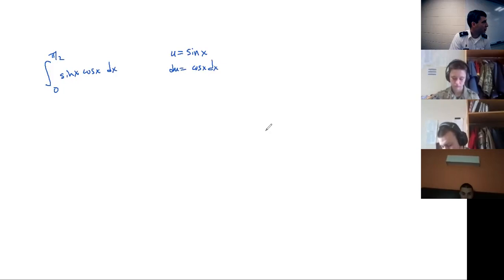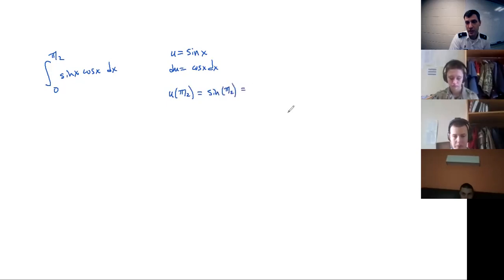I'm going to evaluate this function here at each of my bounds. So u of pi over 2 is the same thing as sine of pi over 2. And we've already established that sine of pi over 2 is 1.